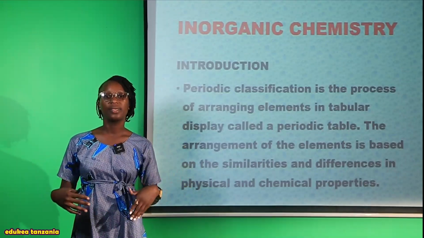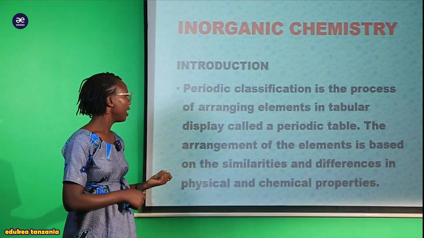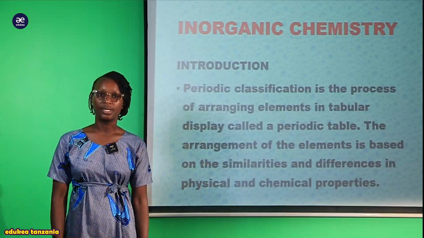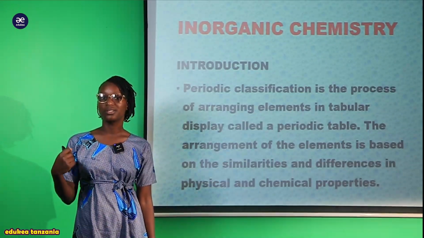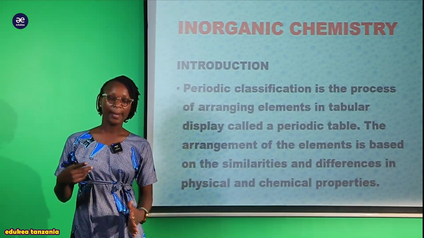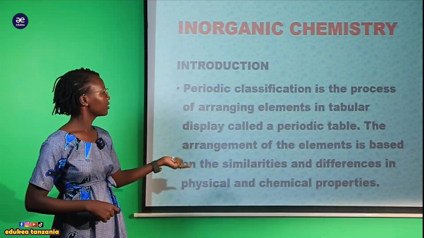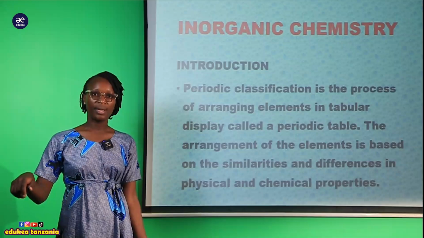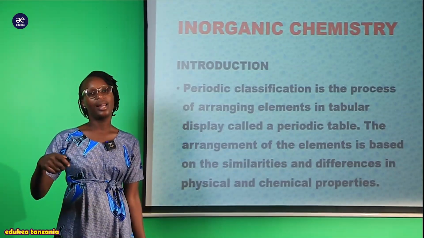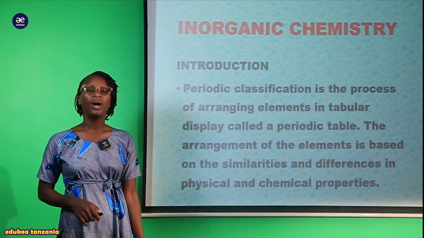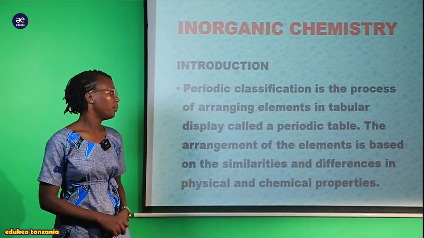Ina maana kwamba kwenye table, ambapo hii tabular display au tabular form always is known as a periodic table. Kwa hiyo utaona kwamba kwa kidato cha kwanza ulisoma kuhusiana periodic table. Kwa hiyo hapa tunajaribu kurecall. So when we talk about periodic classification, elewa kwamba ni ile process nzima ya kufanya arrangement ya element katika tabular display au katika tabular form, ambayo is known as periodic table.